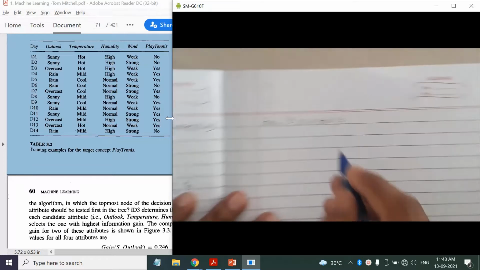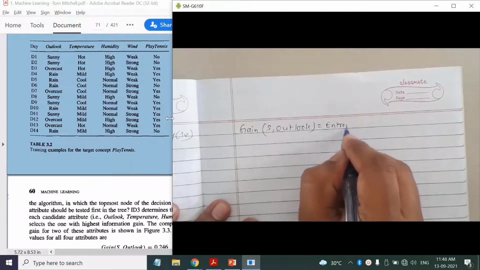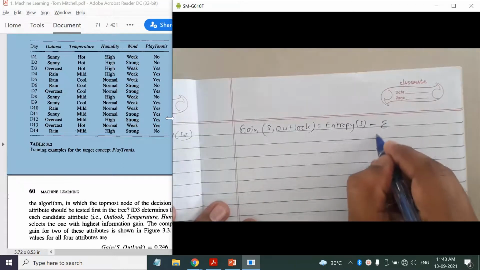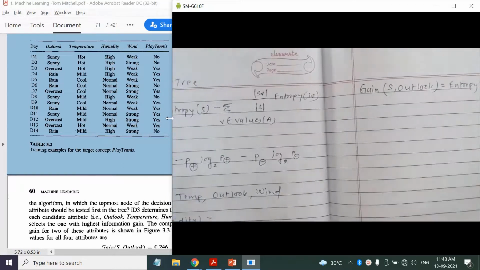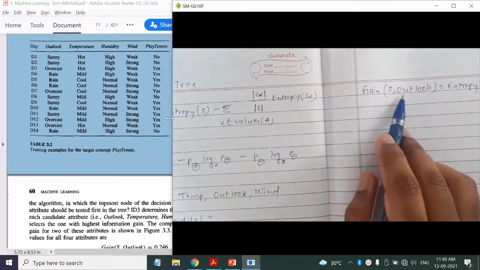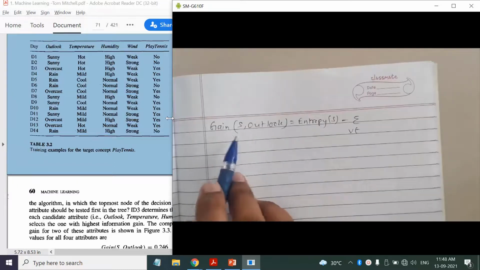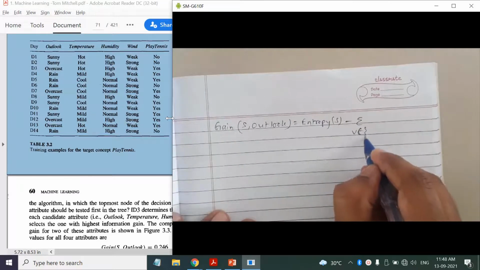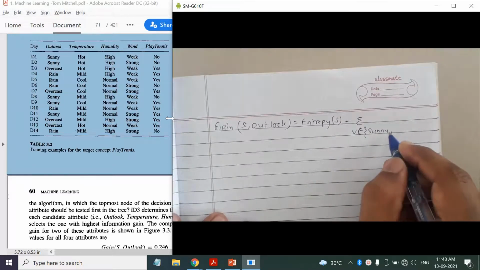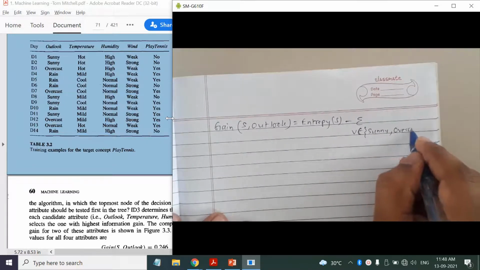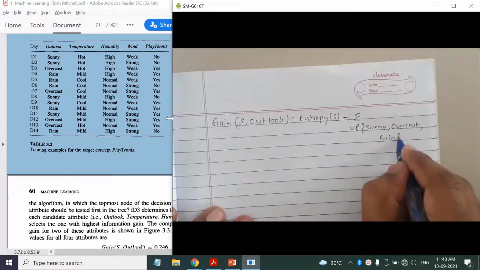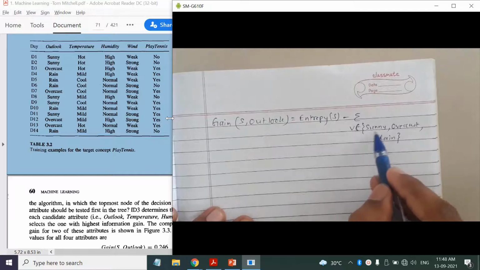Gain equals entropy of S minus the summation over V belonging to values of A. For outlook we have 3 values, right? So I will write that set here: the summation over the outlook values sunny, overcast, and rain. We take one value at a time.